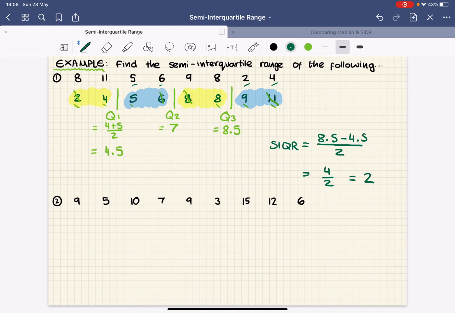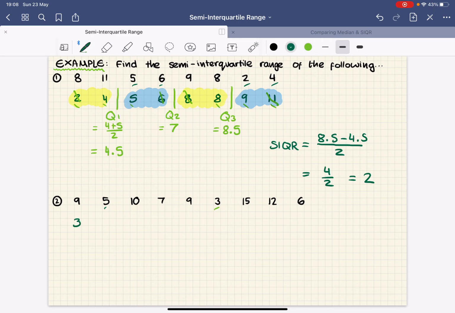Okay, let's take a look at the next one then. So next one, same idea again. I'm going to put these numbers all in order. So I've got, working my way through, the 3 here.